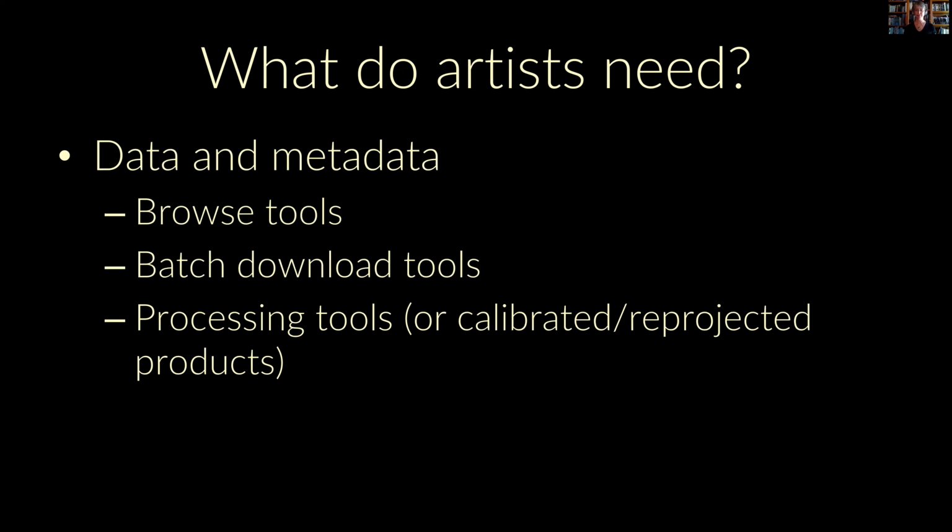And I've long been an advocate for actually hosting calibrated or reprojected versions of data products, because even though the Planetary Data System has information about how to calibrate data, it's pretty inaccessible for most people who are not active planetary science researchers.